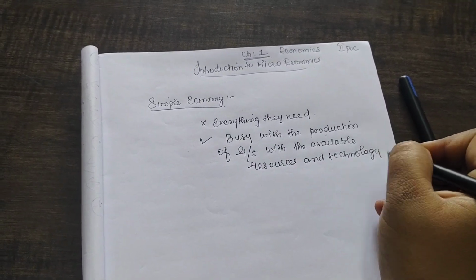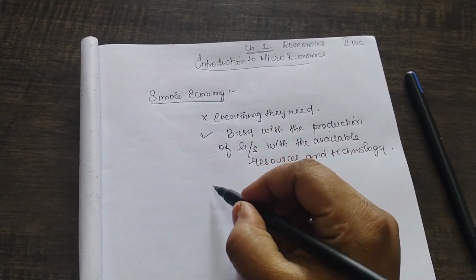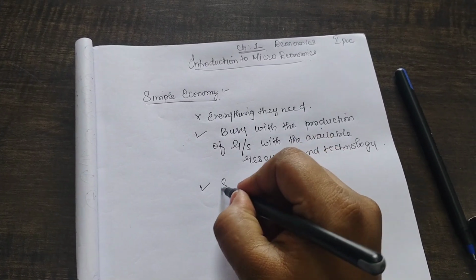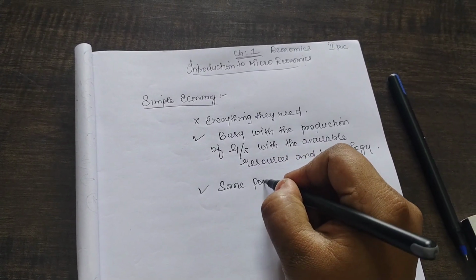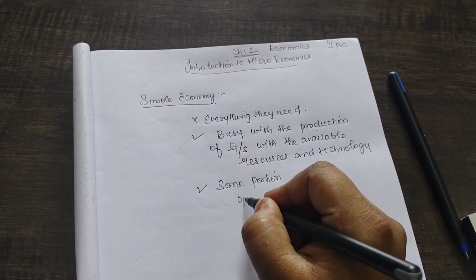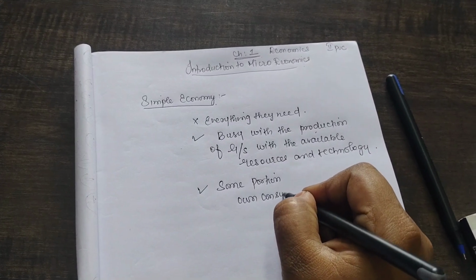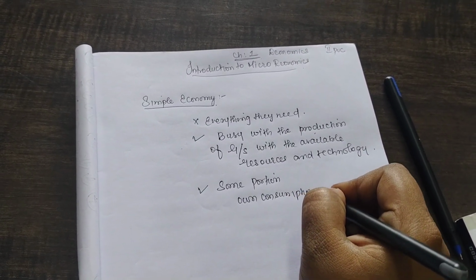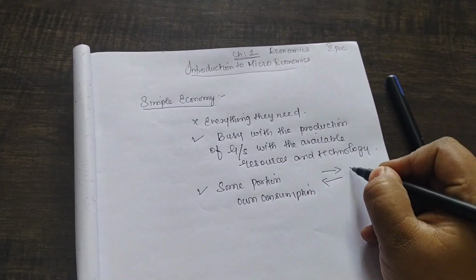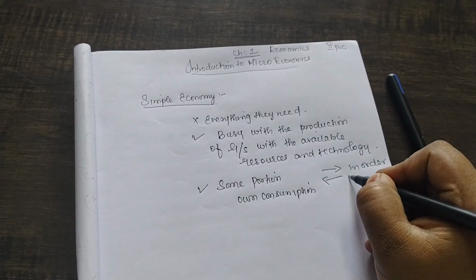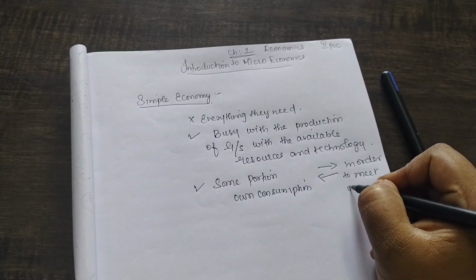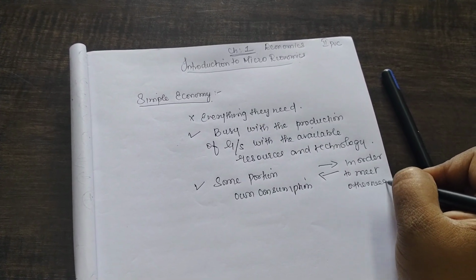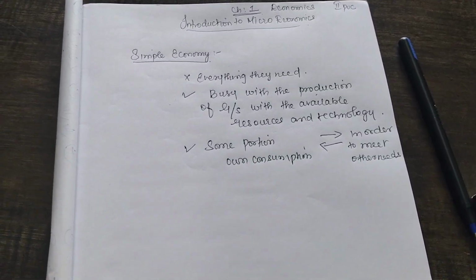Out of that, whatever they produce, some portion they will keep for their own consumption. The rest they will exchange in the society in order to meet other needs. So this is all about a simple economy.